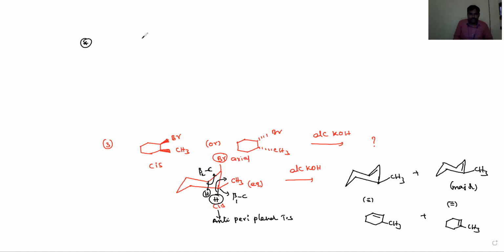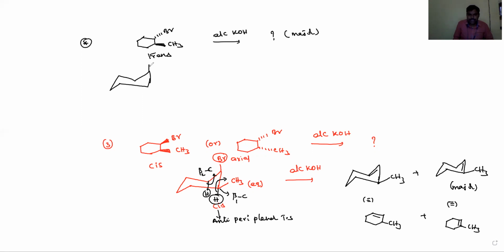Okay, now this cyclohexane ring has bromine and an adjacent CH3, both in trans. When it is treated with alcoholic KOH, we have to identify the major product. Okay, dear students, in this case you just have to write the cyclohexane in the chair form. This is the chair form, and the bromine and CH3 groups are in a trans form.